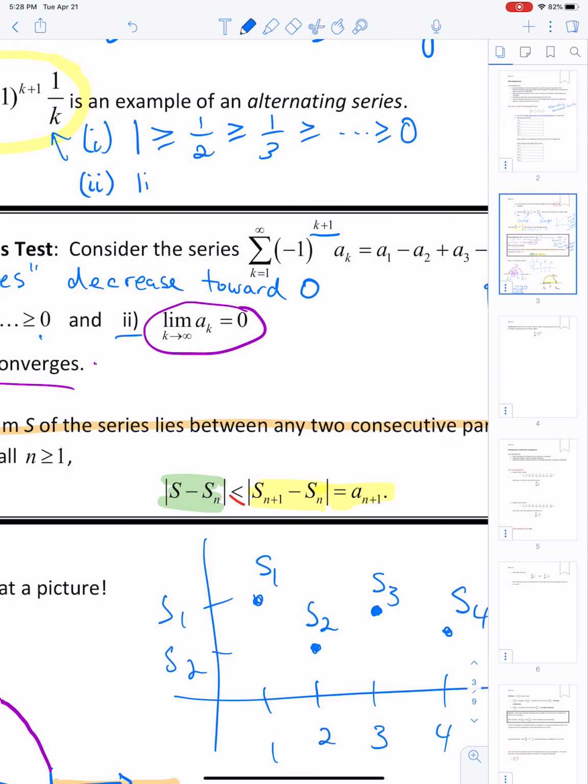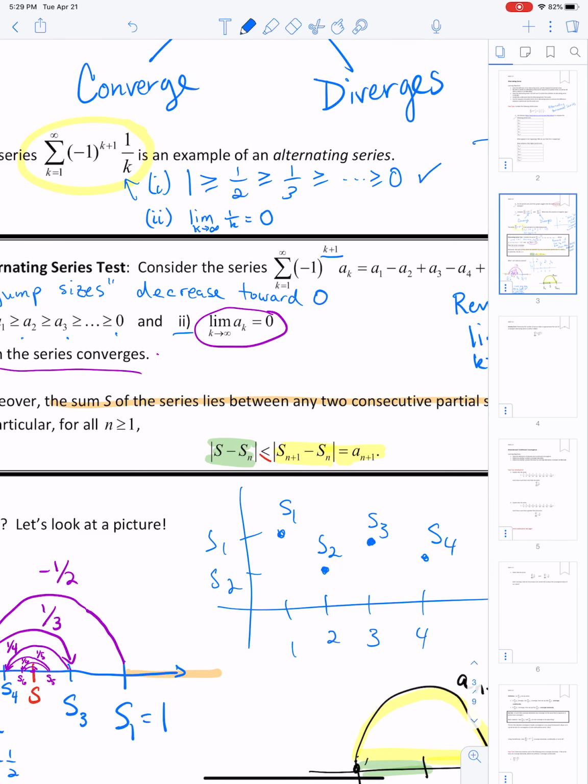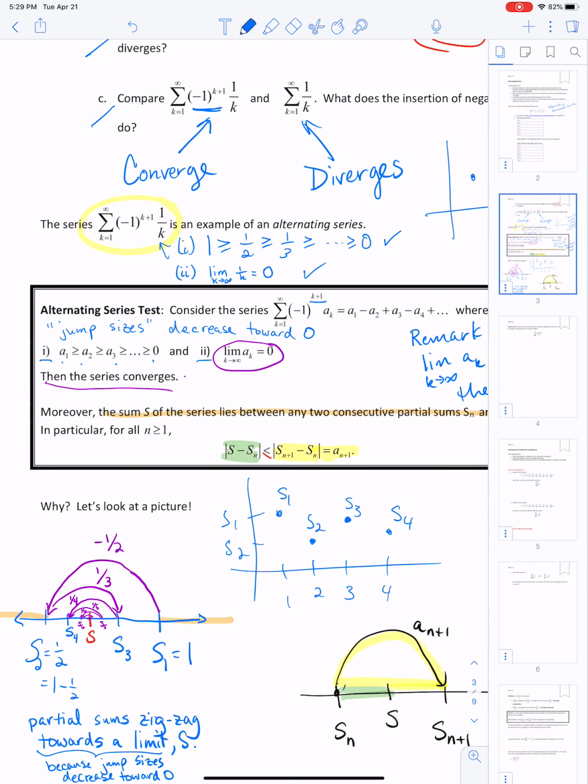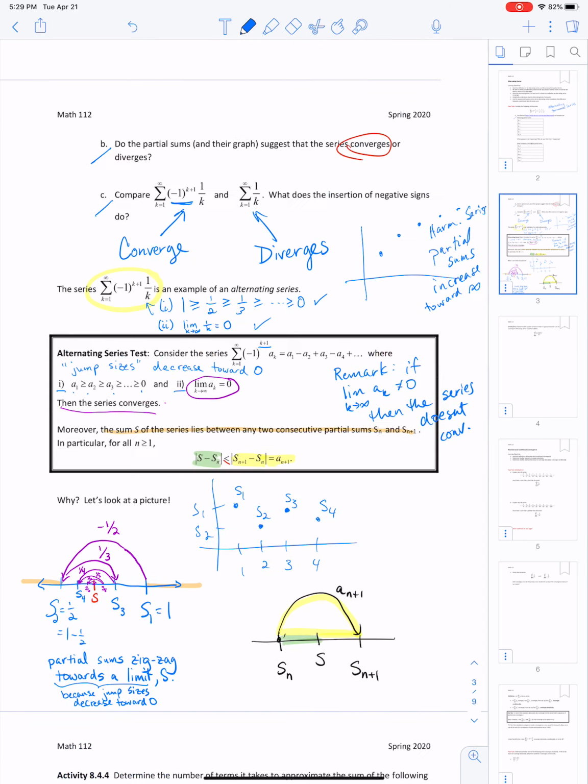And that, of course, is true. So since both of these things are true and we have an alternating series, then this alternating series test that we've just argued here graphically tells us that this series does in fact converge, as our intuition from the graph told us.